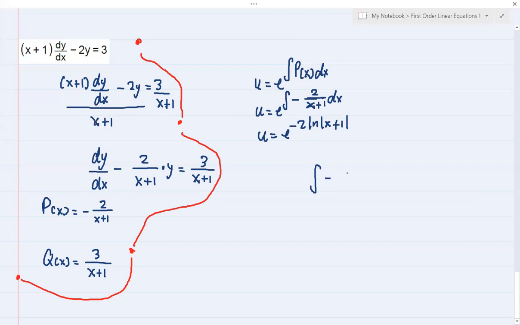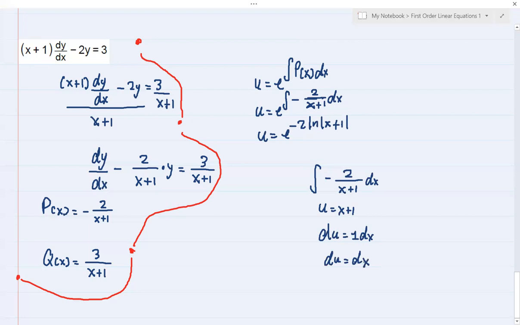Okay. So here we have negative 2 all over x plus 1. Here you're going to use u substitution. Let u be x plus 1. Then get the derivative of your u. You will have 1 times dx, which is, in other words, your dx.